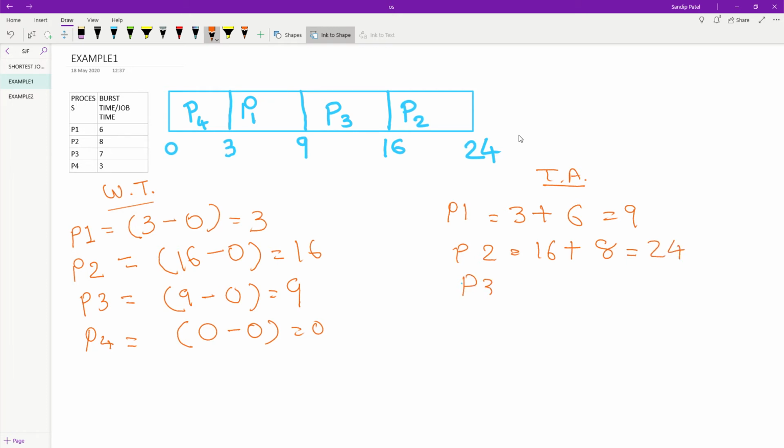P3 turnaround time is the waiting time 9 plus its burst time 7, that is equal to 16. And P4 has waiting time 0 milliseconds and burst time 3 milliseconds, so it's 3.